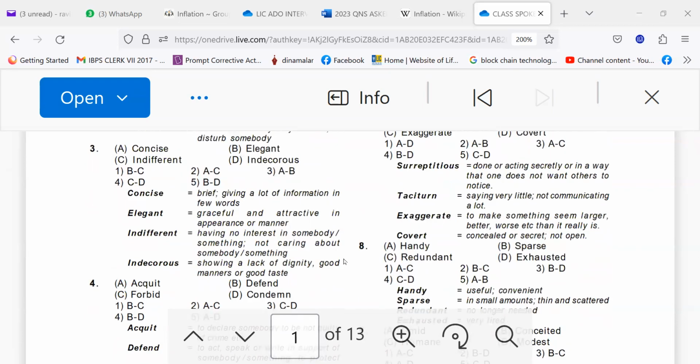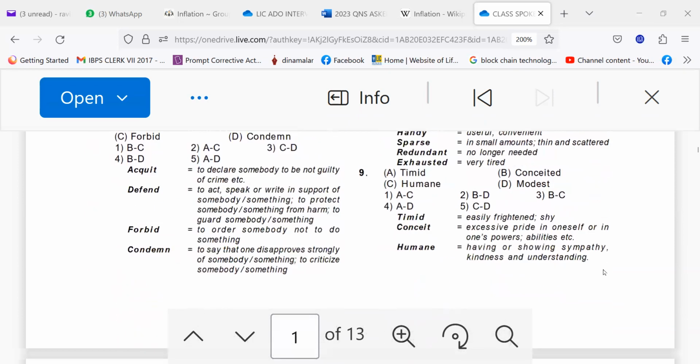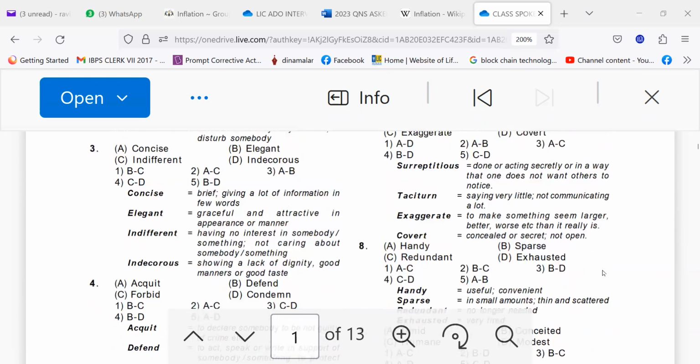Question number 8. Please tell me after completing. It's going up and down. This is what is required for you.